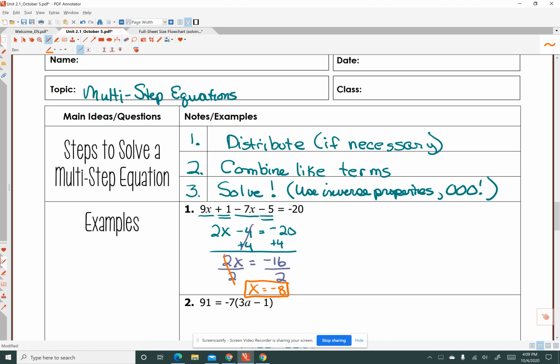Now, in order to check our work, we can substitute the negative 8 in every instance where there's x.